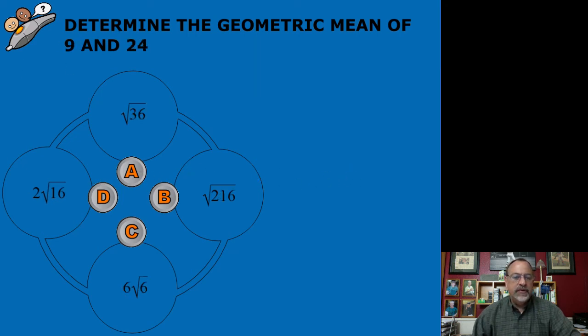So what is the geometric mean of 9 and 24? So the geometric mean is the square root of these two numbers multiplied together. So I can rewrite 9 as 3 times 3, and then 24, if I'm not sure, I can go out here and do my prime factorization over here. So I have a 2 times a 2 times a 2 times another 3.